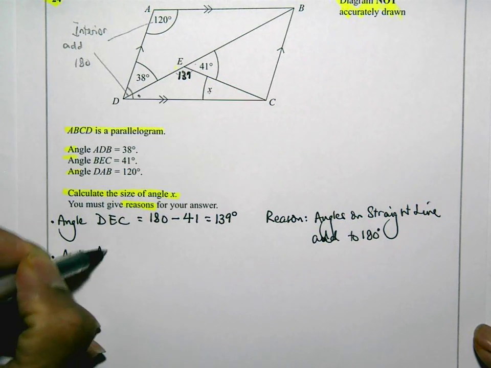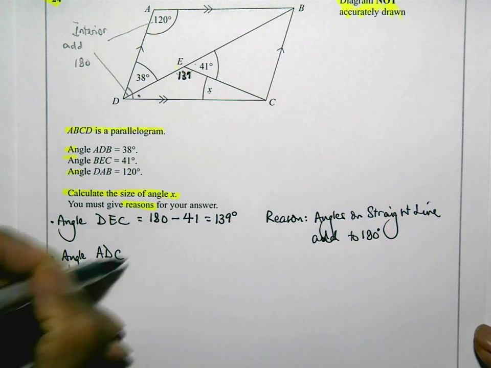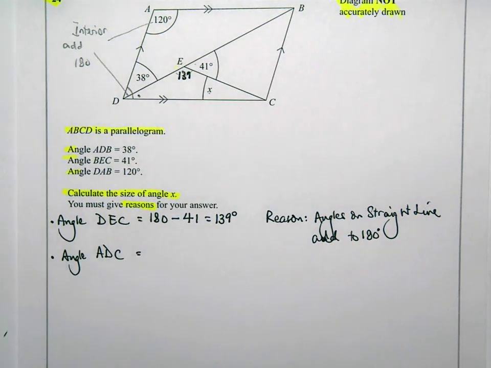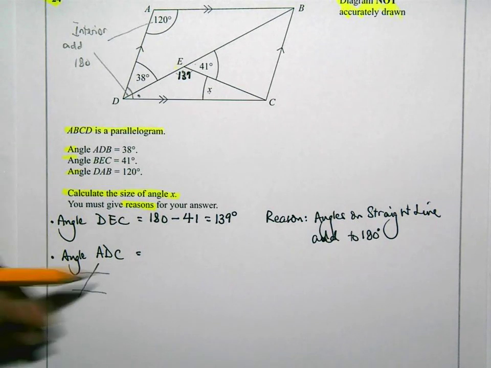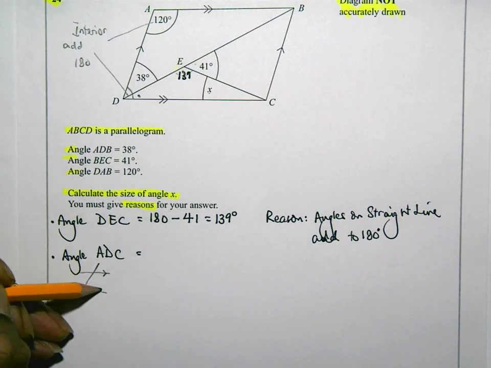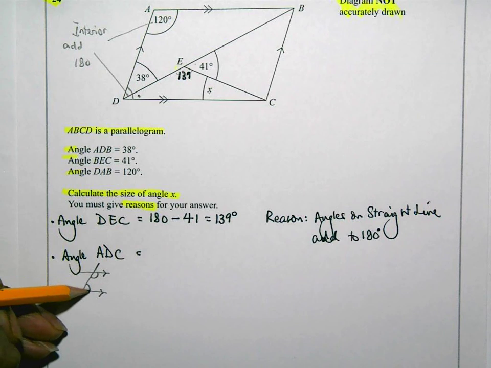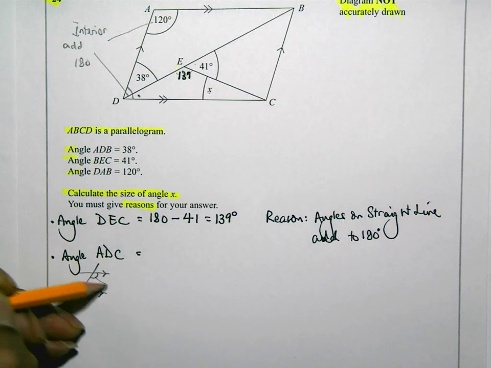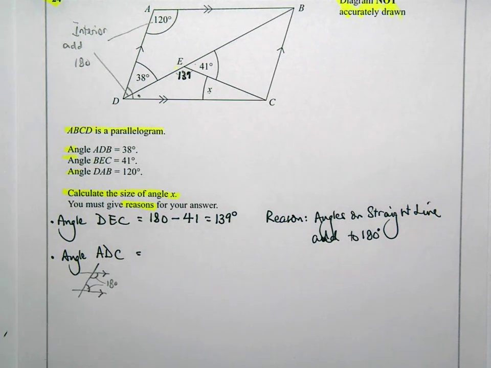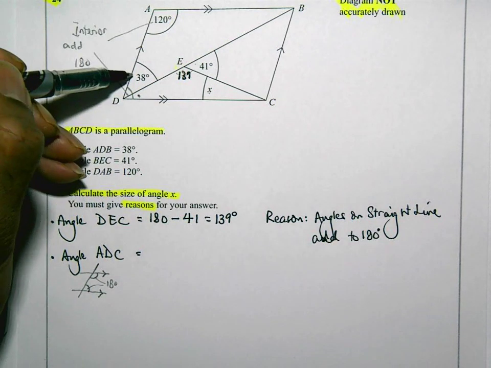Now, what I said was between parallel lines. So if I have a pair of parallel lines and a line going across them, so if these two lines are parallel, the interior angles are these two, and these two angles add to 180 degrees. So I'm going to use that to help me work out this whole angle here in the corner.